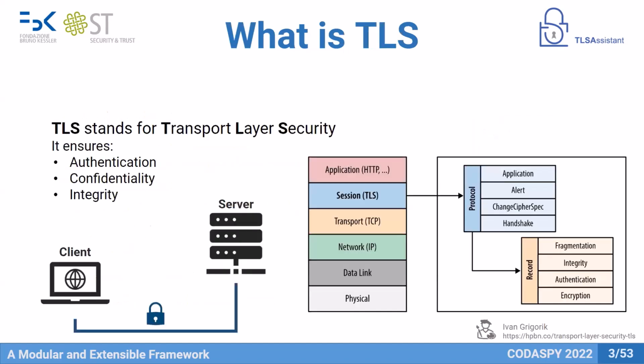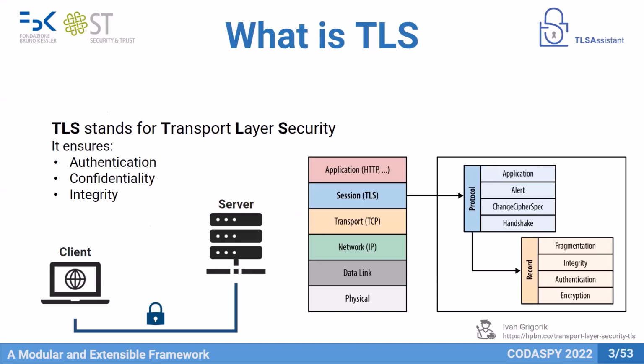So let's start with, well, what is TLS? As you may know, TLS stands for Transport Layer Security, and it is a suite of cryptographic protocols that ensure confidentiality, integrity, and authentication between the parties involved. Its first version, TLS 1.0, came up in 1999, thanks to a joint work from IETF, Microsoft, and Netscape.